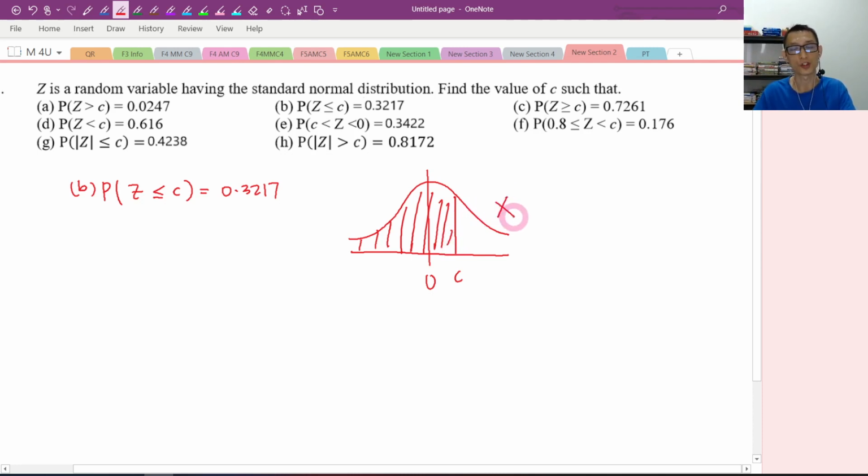So we know this is not the situation that we are looking for. So we know C is actually on the left-hand side. And before we calculate, since C is on the left-hand side, we know that our final answer, C, is equal to a negative number.